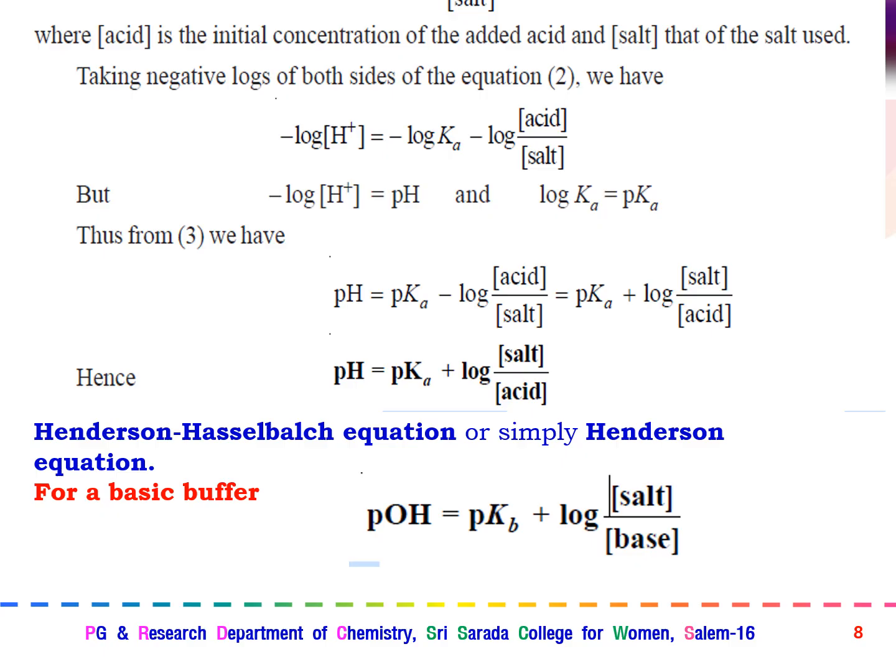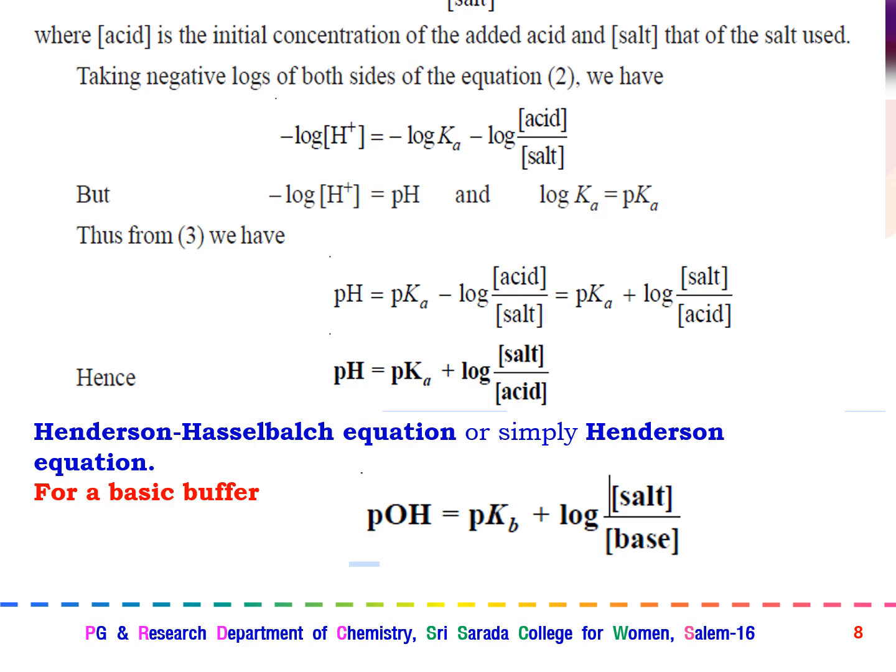We know that minus log of H+ is equal to pH and minus log Ka is equal to pKa. We are substituting the minus log H+ and minus log Ka values in the above equation. Therefore, the equation becomes pH is equal to pKa minus log of acid divided by salt.